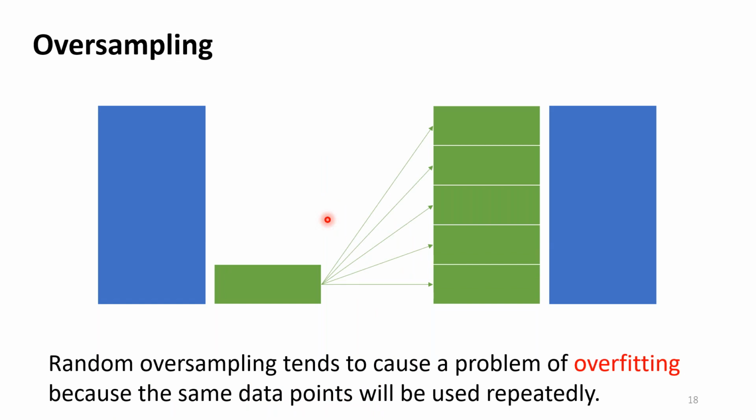Yes, let me explain about oversampling. Oversampling lowers the imbalance ratio by duplication like this. So we use the same data 5 times in this example. Oversampling decreases the efficiency of learning because it enlarges the learning dataset.